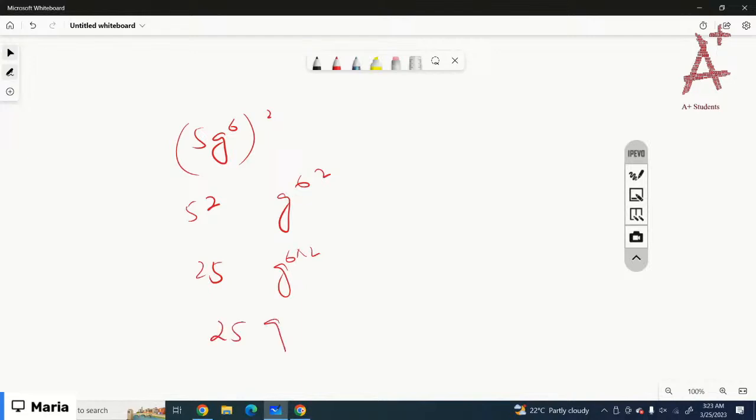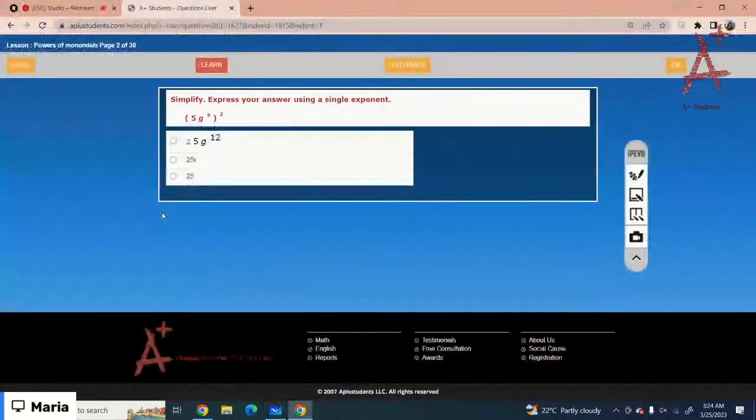So it is 25g exponent 12. Got it? So the correct option is 25g to the 12. Option number 1 is the correct option.